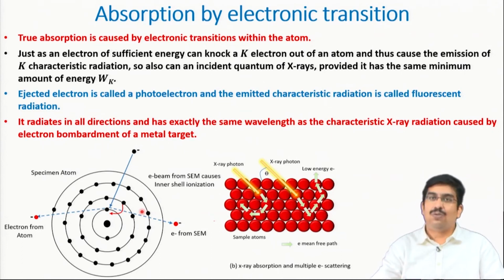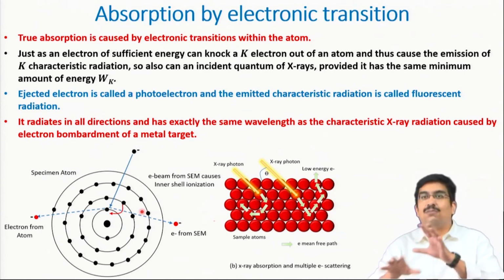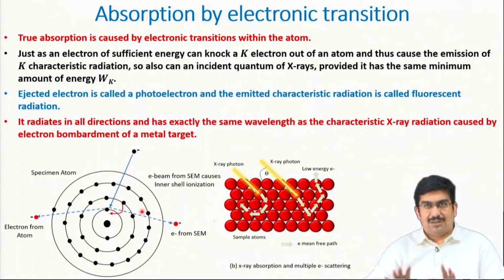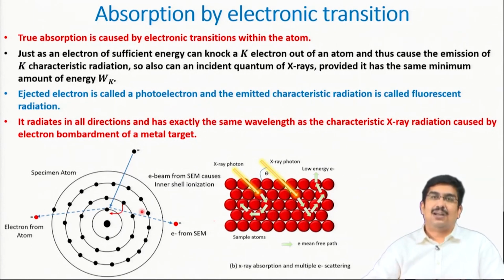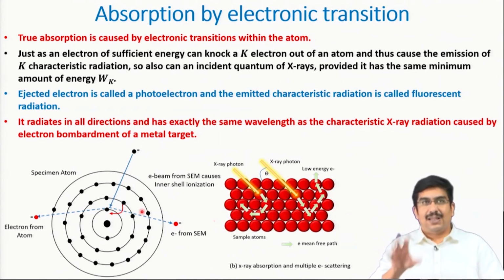Whatever the electron can do, the X-ray also can do, because both of them are electromagnetic radiation. There is no difference as per their nature. Of course, electrons are charged particles, so there are some other things that happen with electrons, but forget about that. But basically, energetically, they are both electromagnetic radiation, and they can pretty much do the same thing.